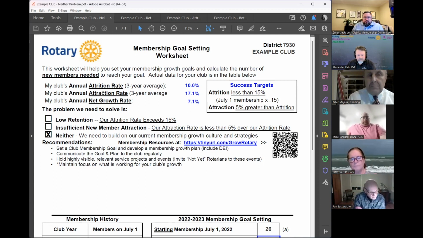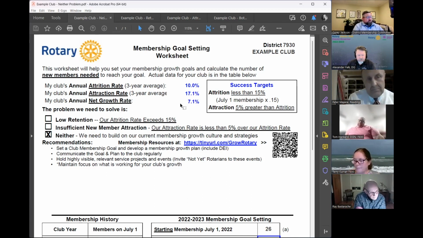So when I look at an attraction rate, which is simply the new members that I've had on average over the last 3 years, if I look at an attraction rate that is 17%, I can immediately say, okay, I'm losing 10%, I'm gaining 17%, so my net growth every year is 7%. And so that's why we're focusing on attrition rather than retention in this entire worksheet.